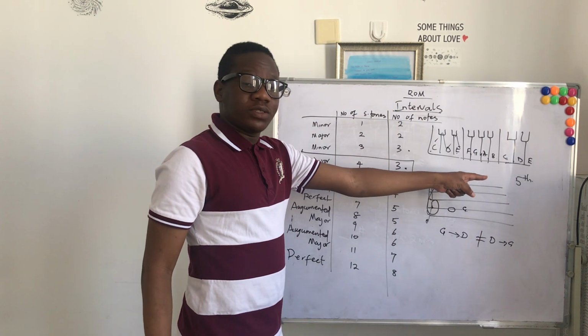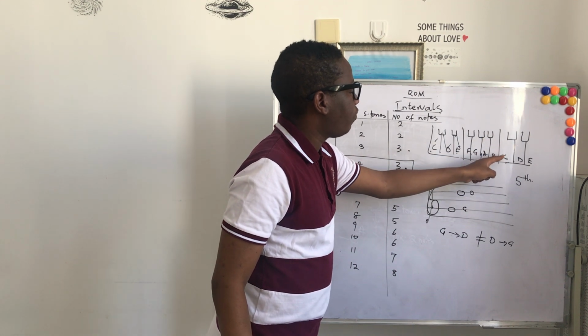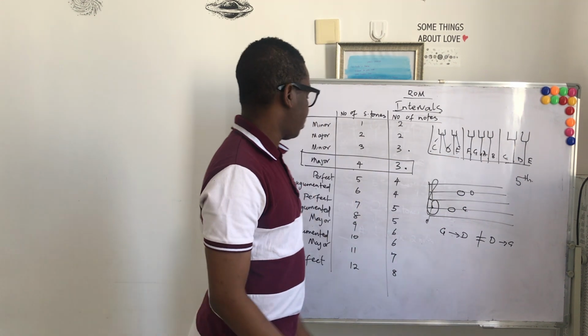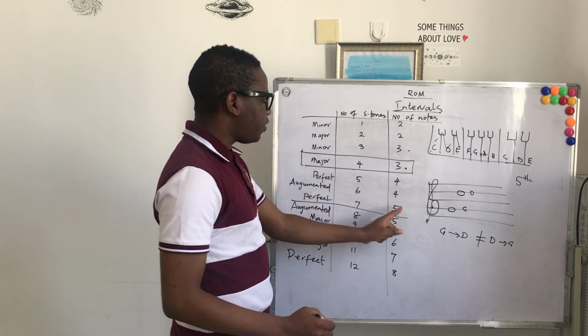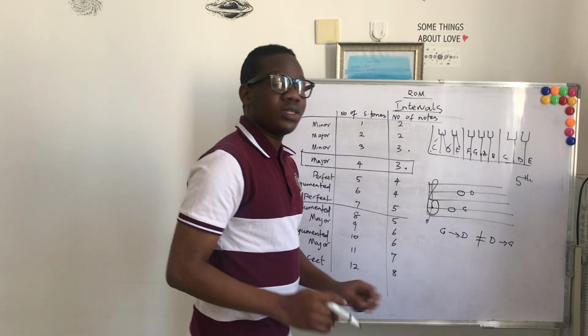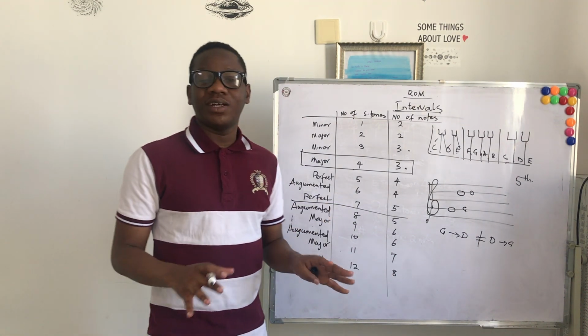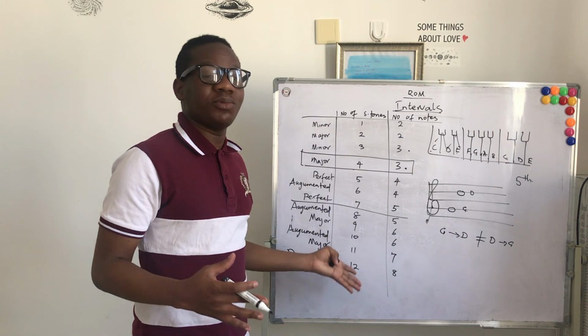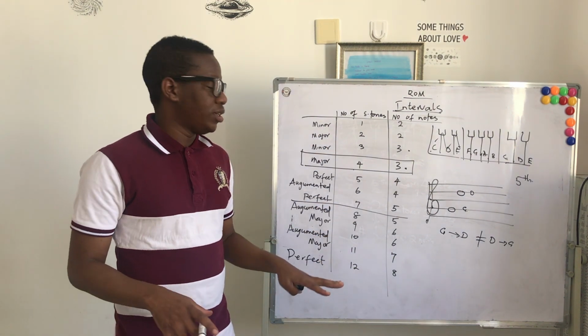But what kind of fifth? 1, 2, 3, 4, 5, 6, 7 semitones. A perfect fifth. So G to D is a perfect fifth. I think that's clear enough. And really, once you have this table, everything becomes so easy.